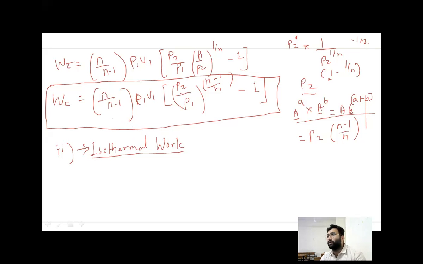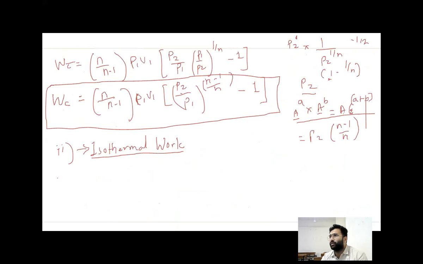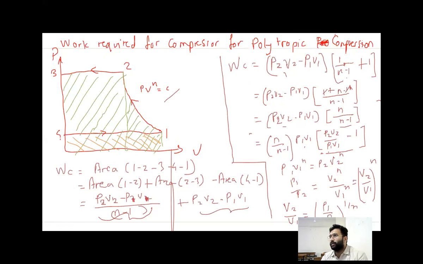So in this case, this is the same in every case. The area, how to calculate, it is the same. Only the formula for this 1 to 2 will be different. As this was the polytropic process, the formula was (P2 V2 minus P1 V1) divided by n minus 1. Now in this case, only the formula will be different. So WC will be equal to, for our isothermal work, this formula: P1 V1 log V1 by V2.